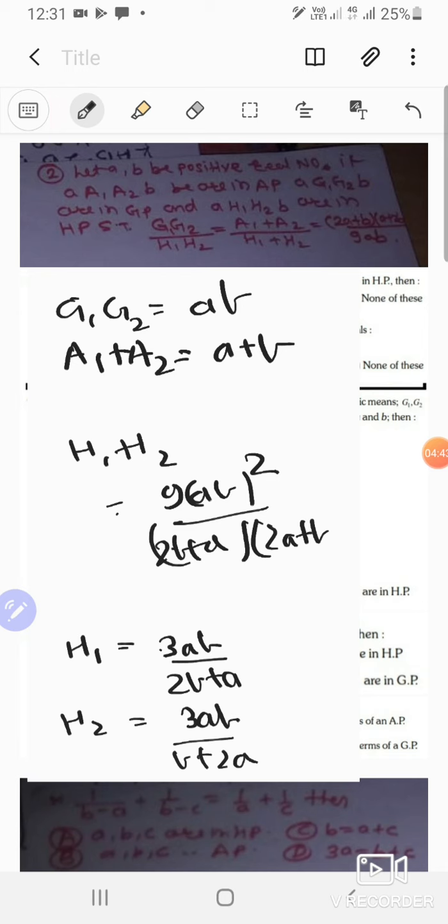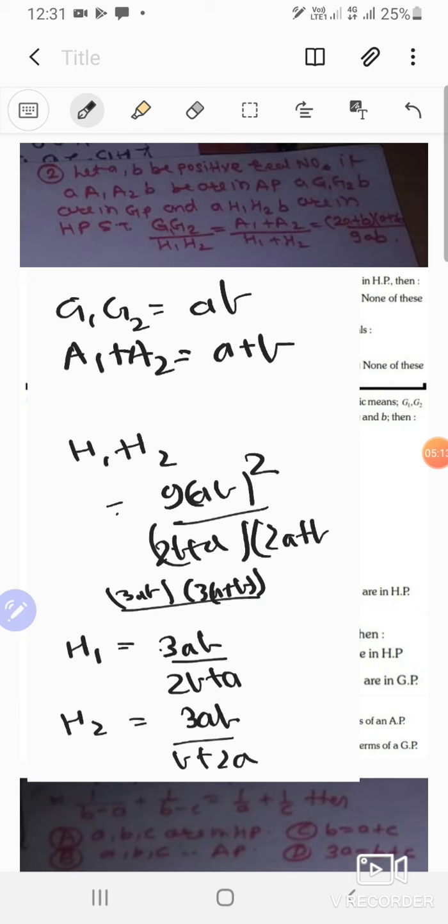Okay, cool. And what about h1 plus h2? We can cross multiply, so that becomes 3ab common, and then you have (b plus 2a) plus (2b plus a), which gives me 3 times (a plus b). So you will get 3ab into 3 times (a plus b) upon the multiplication of these two terms.